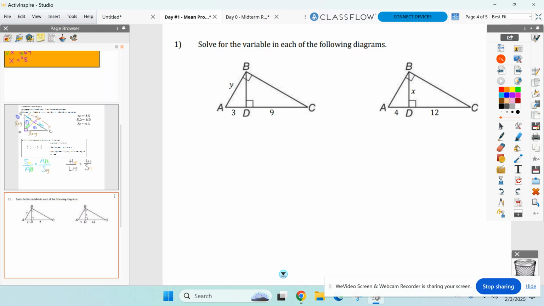You see where the altitude is in the diagram? Here's the altitude. Is that even labeled with a length or a variable? No, so why use SAS? You won't be able to plug anything into it. So the first thing I look at is, is the altitude involved? In this case, no, it's not. So there's no way I can use SAS. This is going to have to be a HILLS problem.